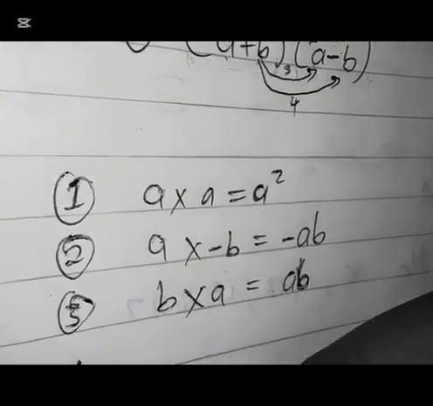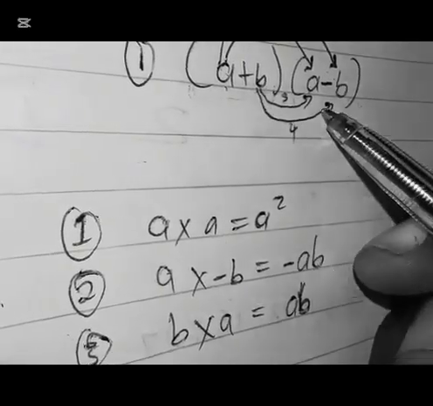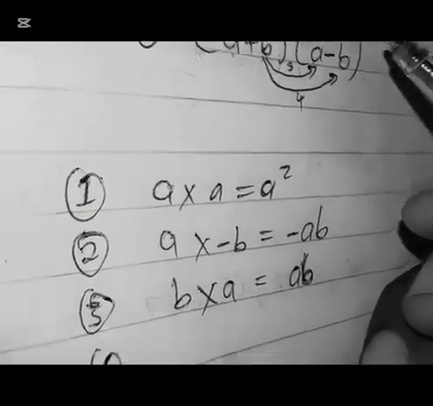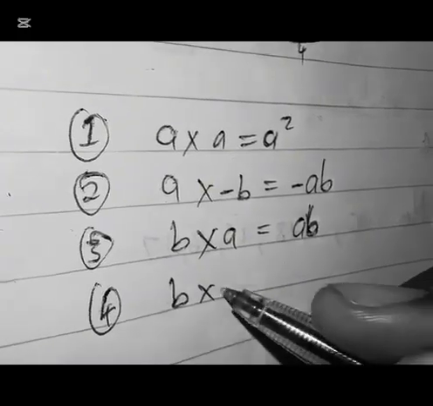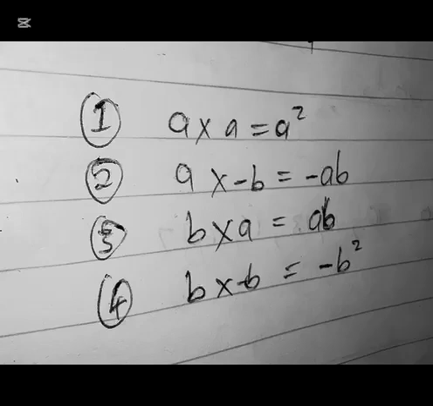Then root number 4 is b multiplied by negative b, which is negative b squared.